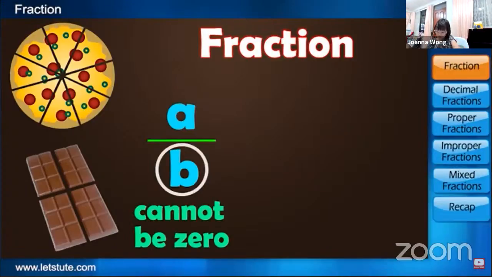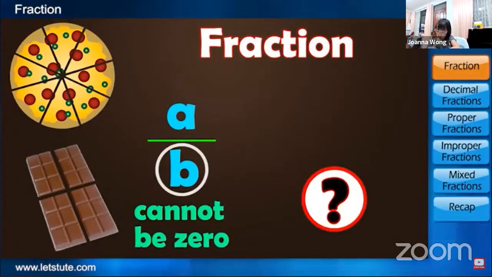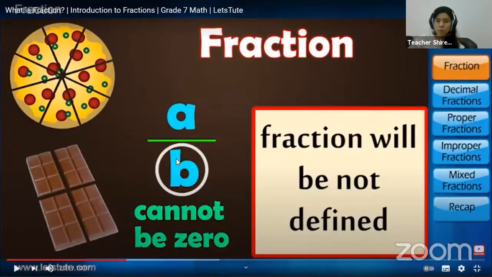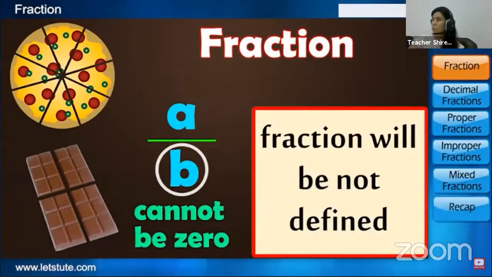But why will it not be 0? Because if it is 0, then the fraction will not be defined. If underneath is 0, there's nothing to share. You have to at least have one piece to share, right? As we cannot divide anything by 0.